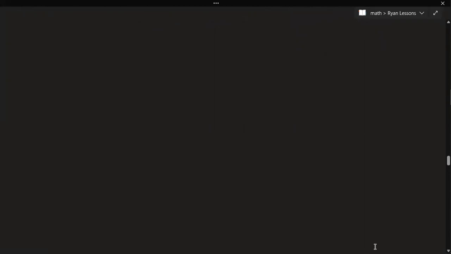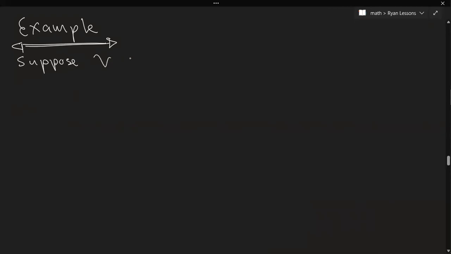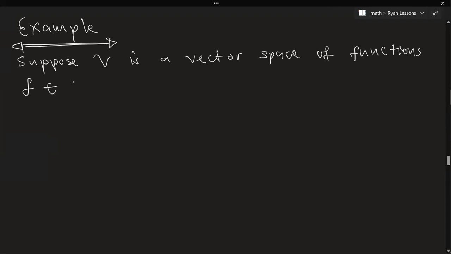So, example. Suppose V is a vector space of functions f, elements of C[0,1].